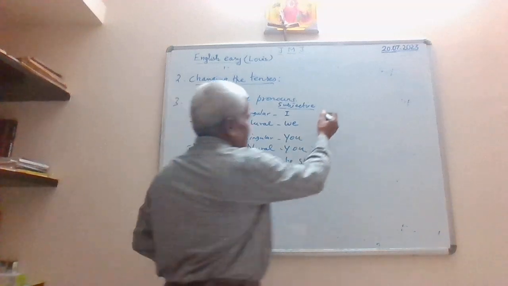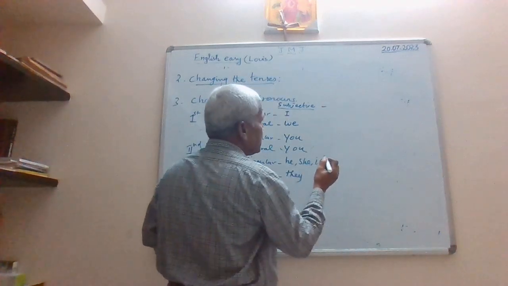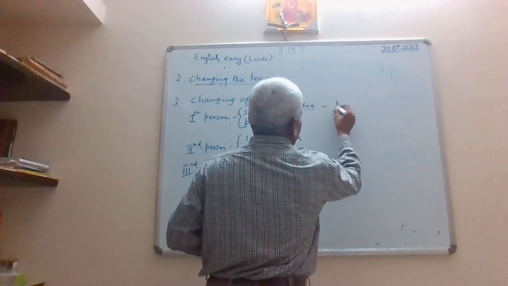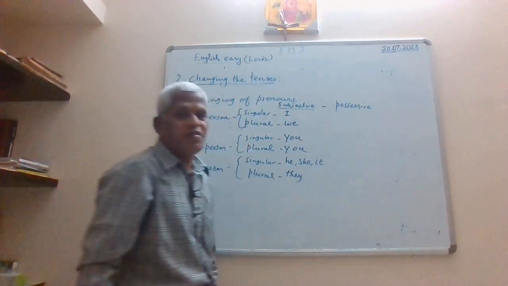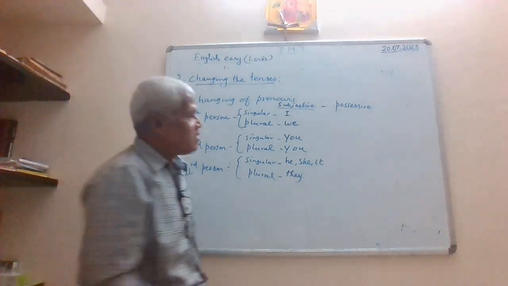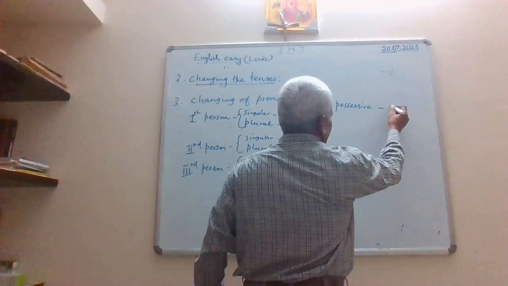Another one we have is what is known as the possessive. The third one we have is the objective.